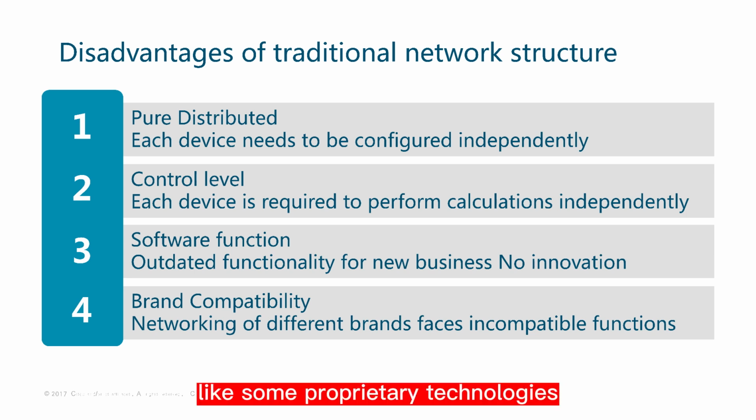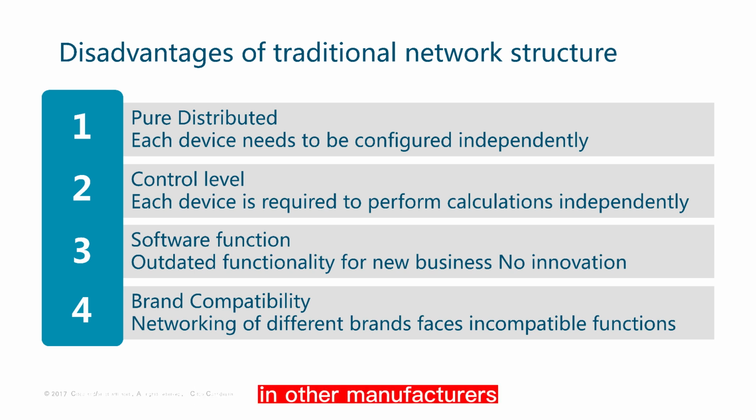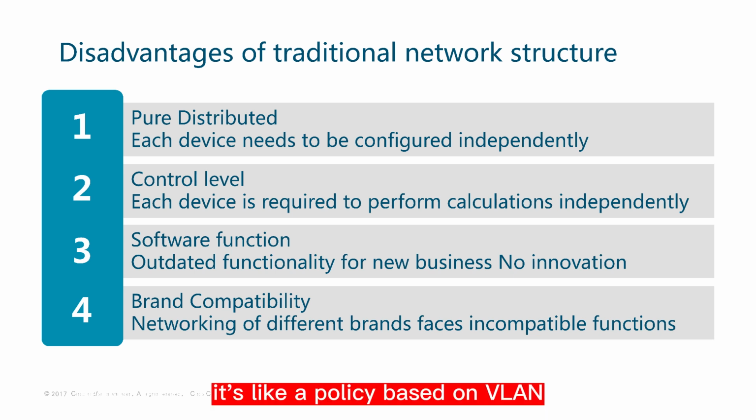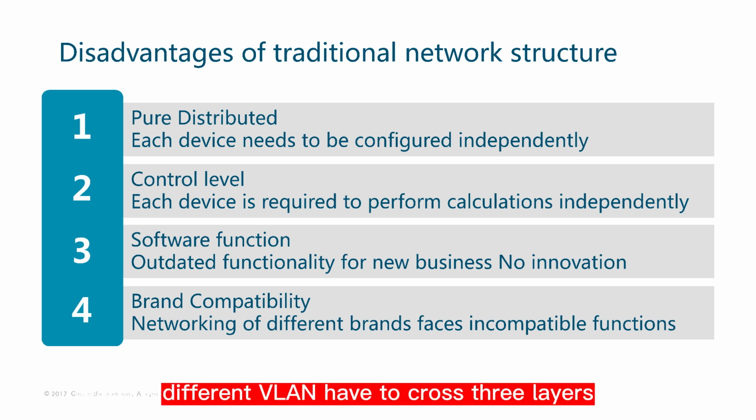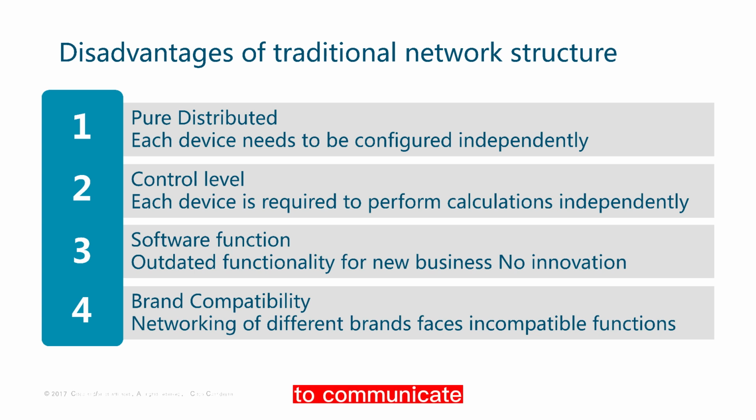Like some proprietary technologies in other manufacturers, such as hybrid. It's like a policy based on VLAN. In traditional VLANs, the same VLAN can communicate, while different VLANs cannot communicate and have to cross layer 3 to communicate, not at layer 2.